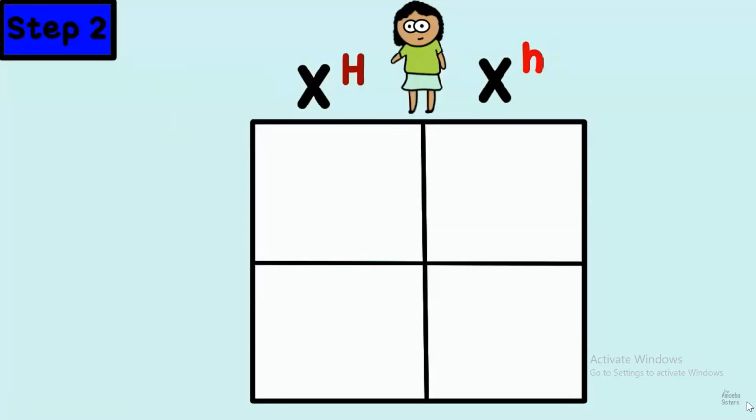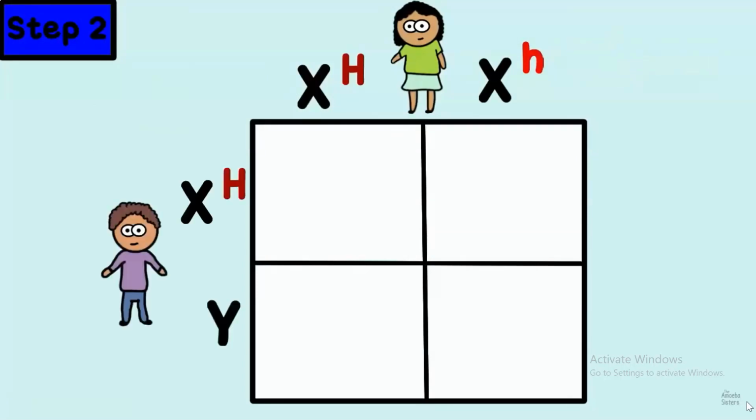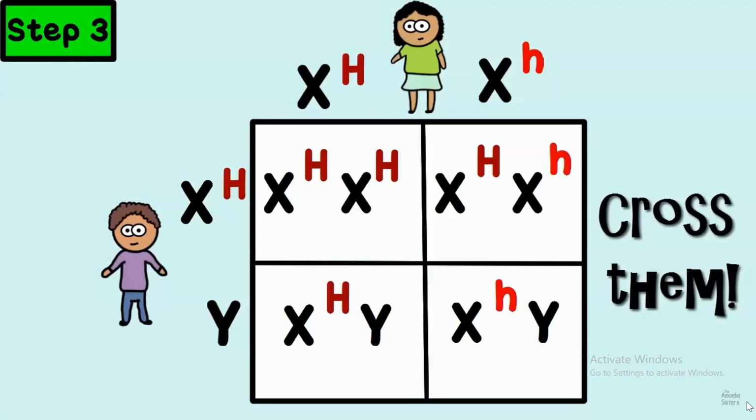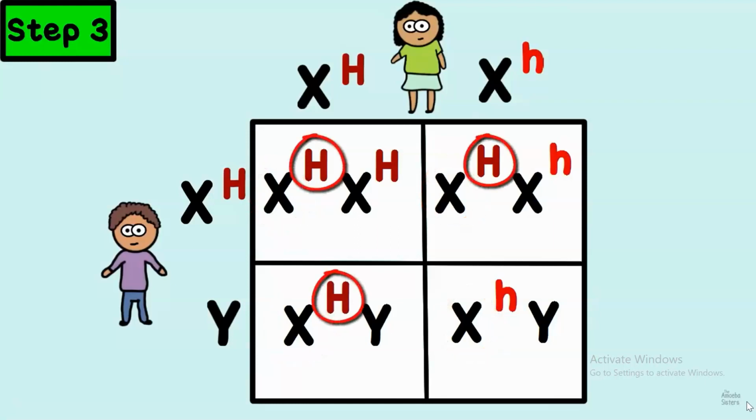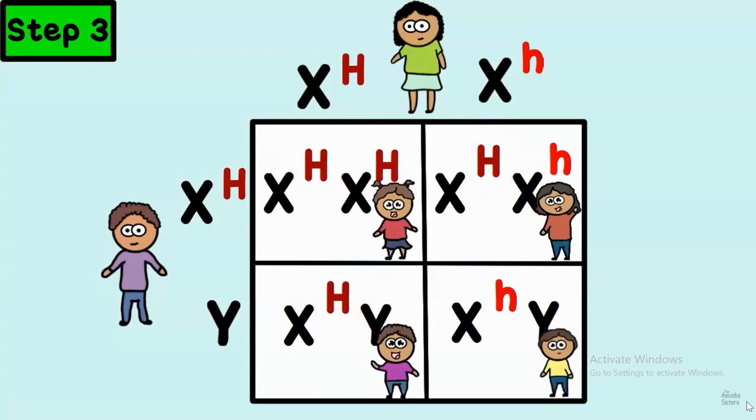Place one parent on the top, outside of the square like this, and place the other parent on the left, outside of the square like this. Step 3. Cross them. For formatting purposes, place X chromosomes before Y, and you also write any sex chromosomes with dominant letters first. The results you get in the squares would be the offspring, the babies.